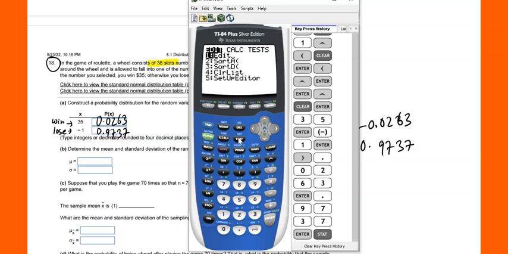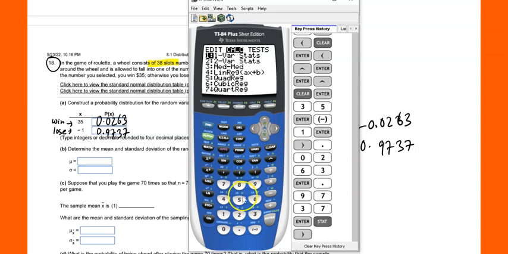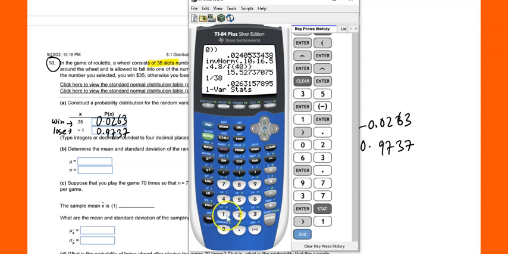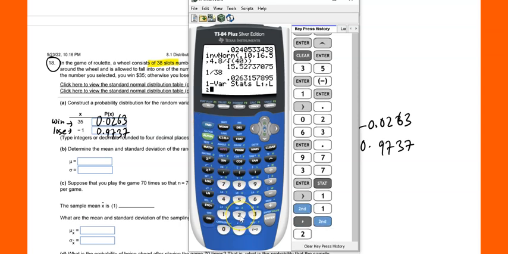STAT, CALC, number 1, 1-Var Stats, I type L1, second 1, comma, second 2. If you have a different calculator, you might need to put the frequency list as L2. We did this in chapter 6, section 6.1, and press enter.